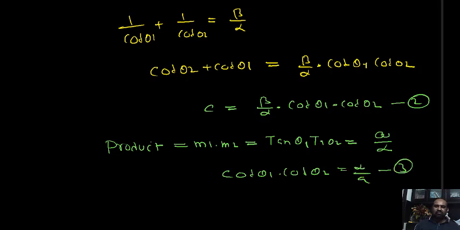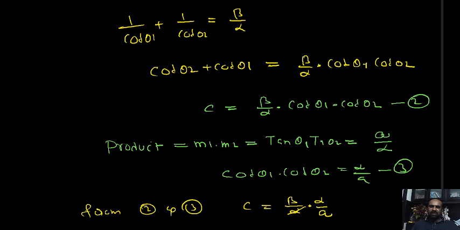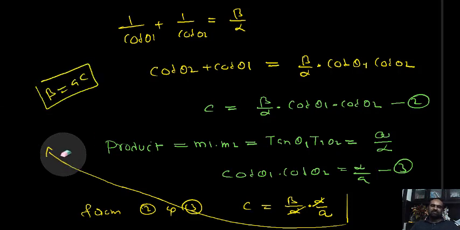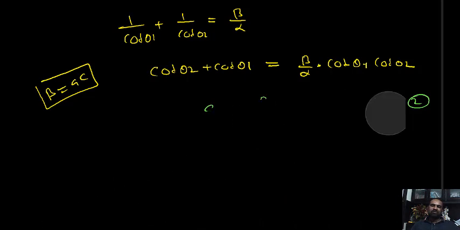This is the third equation. From 2 and 3, c equals beta by alpha into alpha by a. Alpha gets cancelled. Students, listen: beta equals ac. Now I will write the locus equation. Therefore, locus equation.